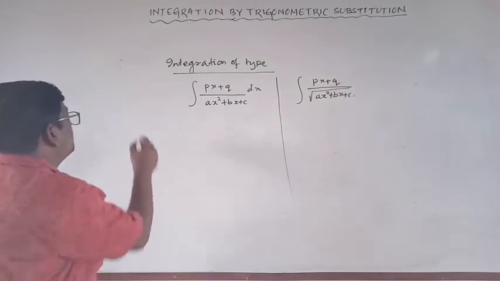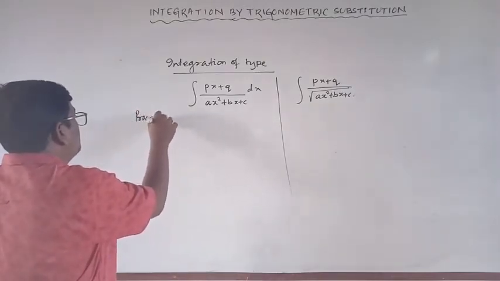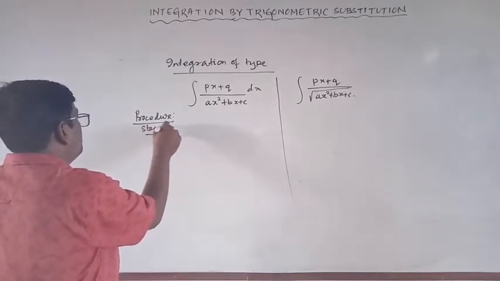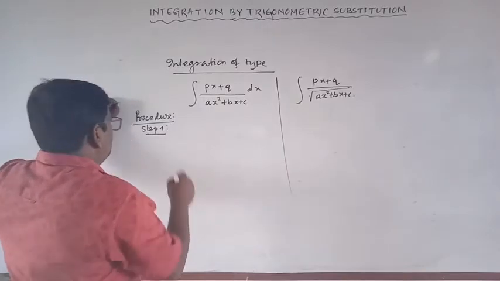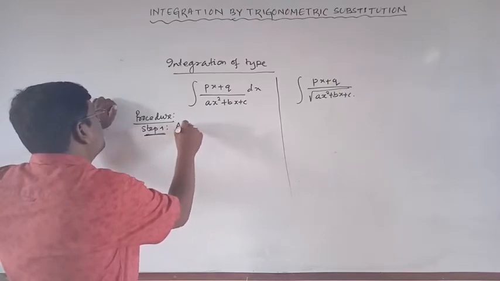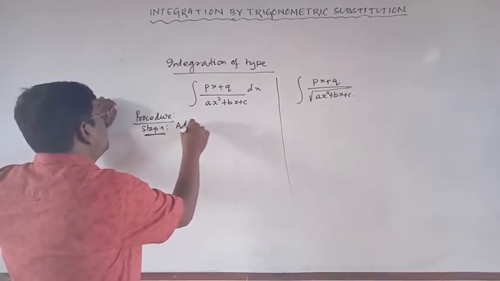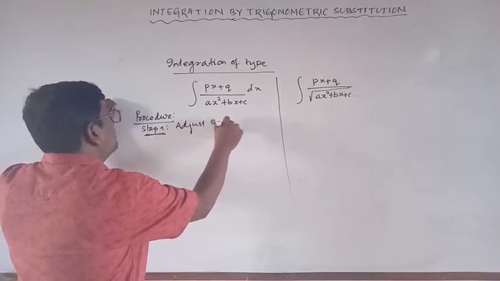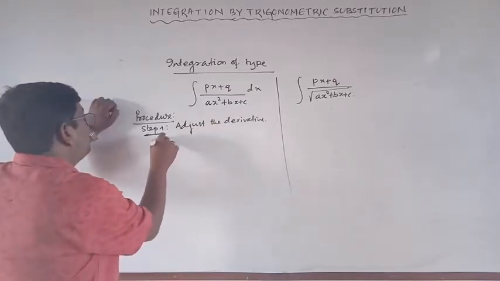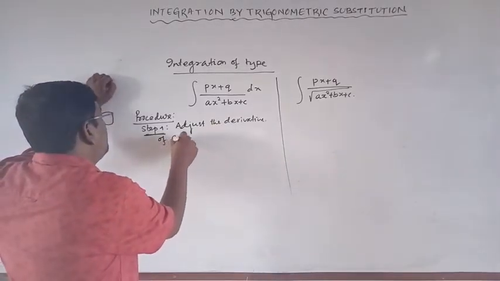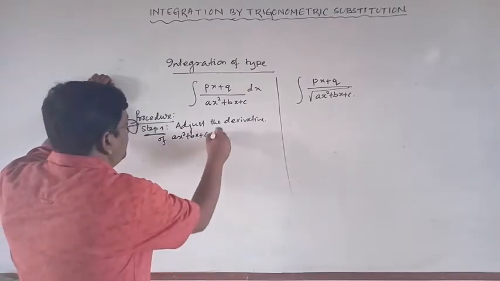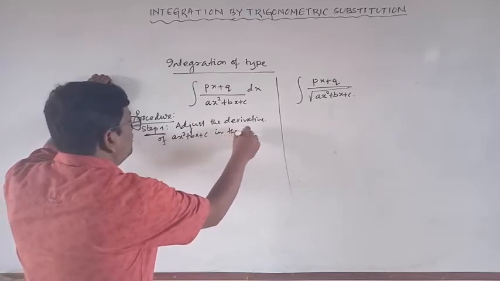Here is the procedure. Step 1: arrange or adjust the derivative of ax square + bx + c in the numerator.